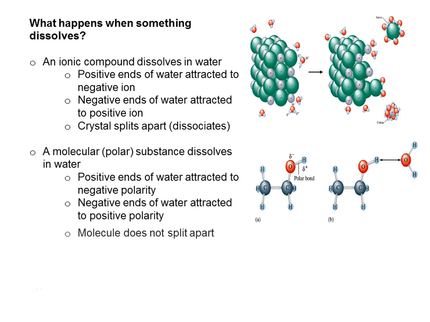The main idea here is that the molecule is not going to be pulled apart, but, very similar to the ionic compounds, the water surrounds the molecule according to the charges, according to that positive and negative. You can see this is a molecule of ethanol. There's an OH over here. The oxygen has a partially negative charge, hydrogen has a partially positive charge, and the water molecule is attracted to that particular part of the molecule. But it does not split apart in the way that an ionic compound would.